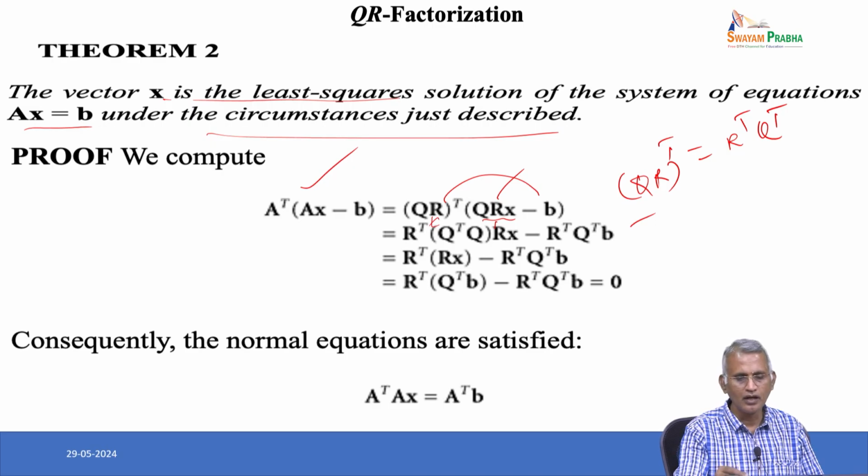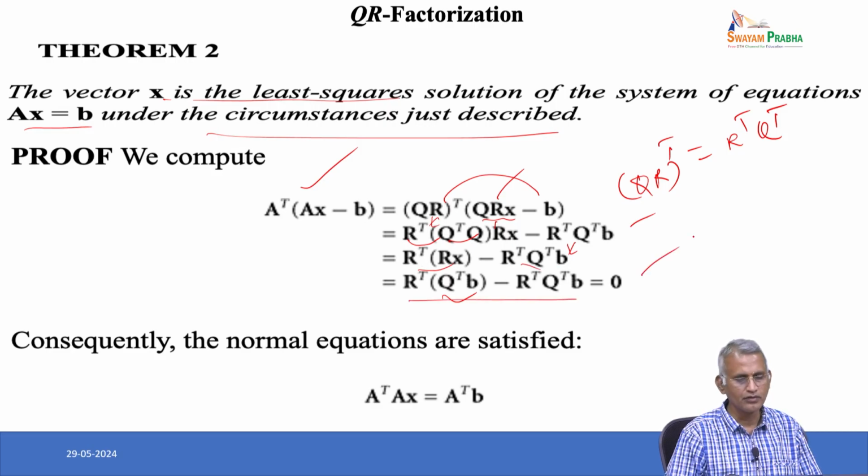Now, combining together using the associative property, Q transpose into Q is I. Therefore R transpose into Rx will come. Now R transpose Rx is equal to R transpose Q transpose b, so these two are equal and the difference becomes 0.